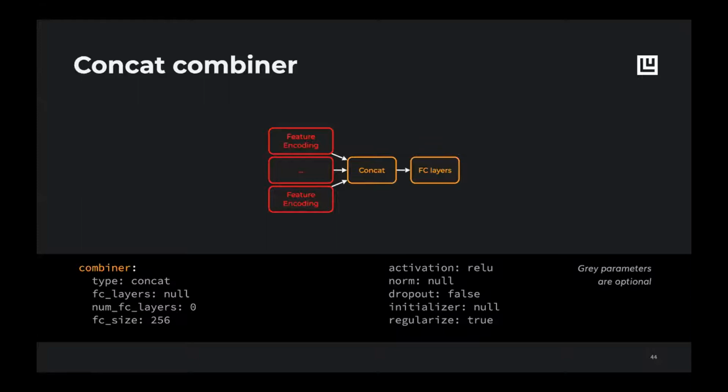What it does is it takes the hidden representations of all the input features, combines them by concatenating them, and then uses some fully connected layers for mapping them into a smaller space. And you can change all the parameters of this. Ludwig also comes with a few more combiners that are more specific for sequential data, but I will not talk about them in this presentation.